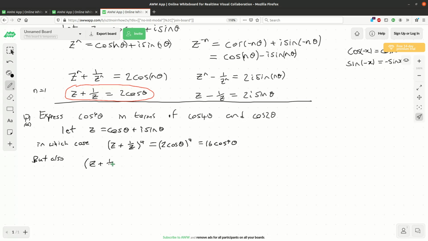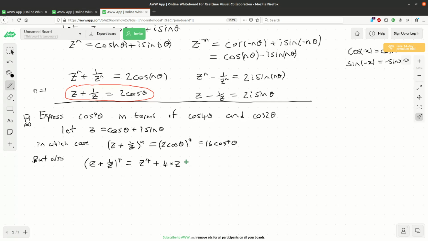Okay, so we can also use a binomial expansion here. Hopefully you know Pascal's coefficients for this one. It's 1, 4, 6, 4, 1. It's dead handy if you know them in advance. Just write out Pascal's triangle if you're not sure. You're going to have z to the 4, and then z cubed times 1 over z to the power of 1. When you multiply them together, you end up with z squared, because you've got z cubed times 1 over z.